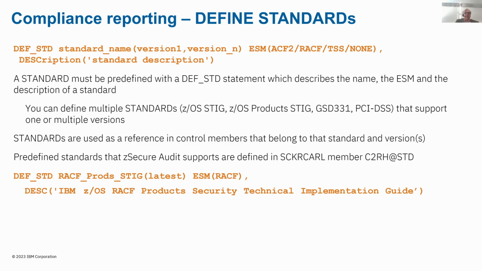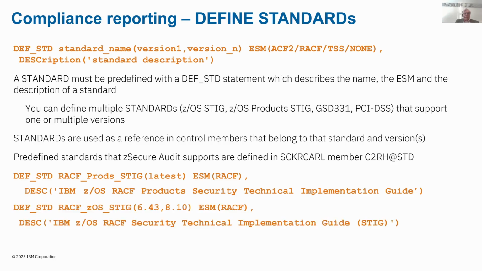So here's an example of such a standard. Here we have the RACF prods stick, and the version we have called here latest. In the product sticks, we don't yet have every individual version 6 number because the different products have a different level, which makes it difficult to display a version. So we have summarized this as one bigger standard, all the product sticks together with the latest version.